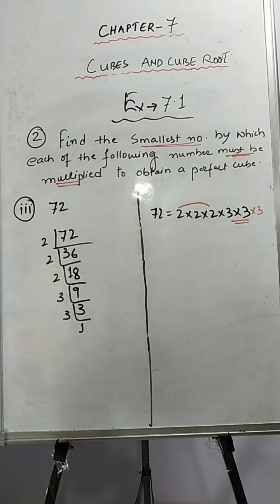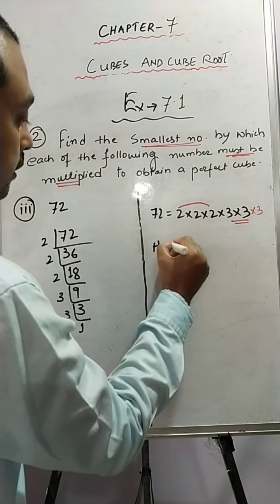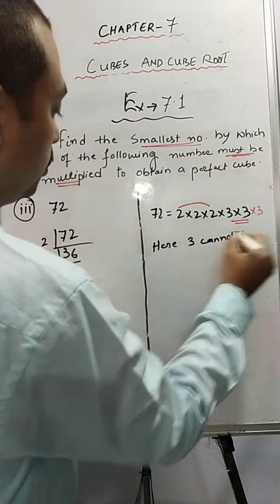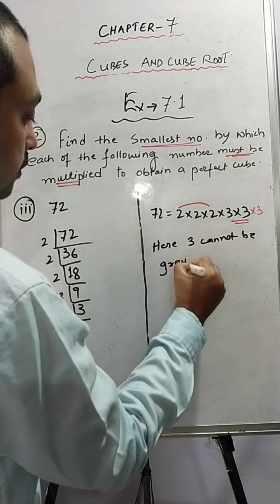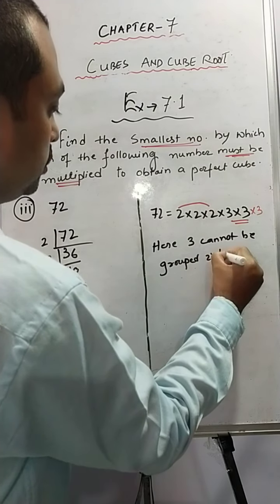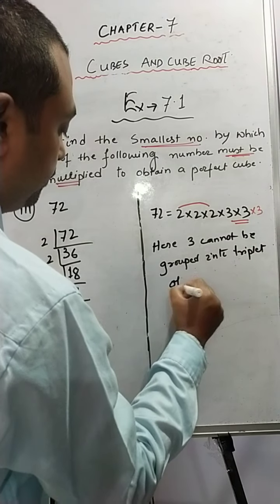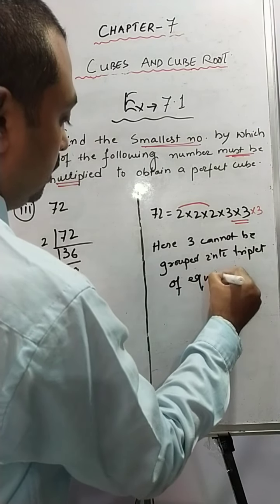So what is the sentence that we have to write? Here 3 cannot be grouped into triplets of equal factor.